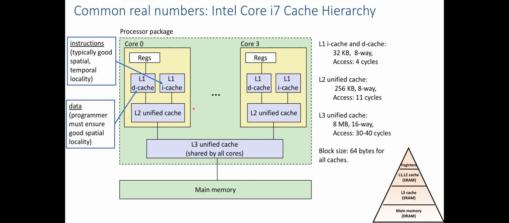Here are our registers, and there are registers for each core. Then there's the level 1 and level 2 cache for each core. You'll notice with level 1, there's a separate cache for the instructions. The instructions often have good spatial and temporal locality. In most programs you'll look at, this will be the case for the instructions themselves.